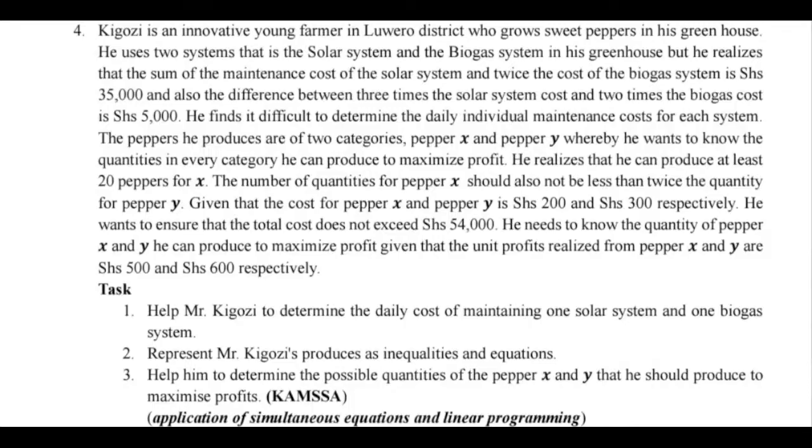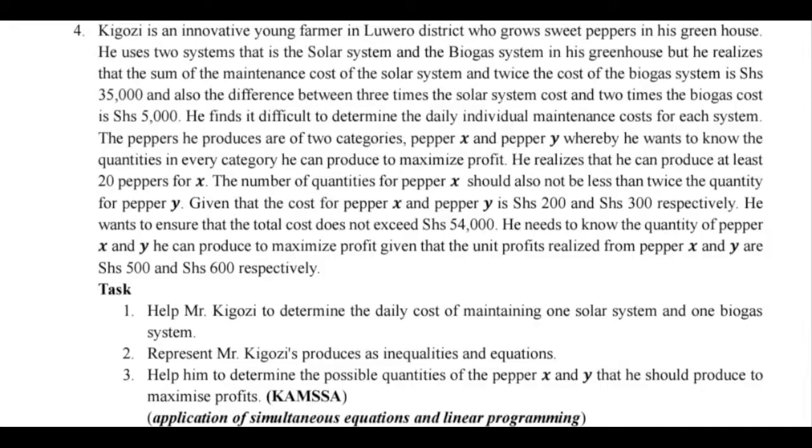He realizes that he can produce at least 20 papers for X. The quantity of paper X should also not be less than twice the quantity of paper Y. Given that the cost for paper X and paper Y is shilling 200 and shilling 300 respectively, he wants to ensure that the total cost does not exceed 4,000.